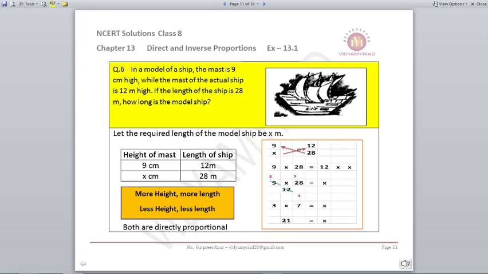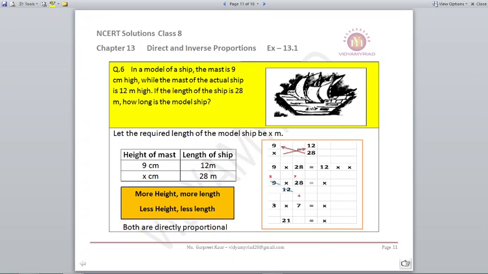So what we are going to do here is you need to identify two parameters or two criteria based on which we are going to solve the questions. So first decide that and write down one against another so that it becomes easier to do. Just make it in a fraction form and cross multiply, because if the height here is 9 centimeters, length is 12.